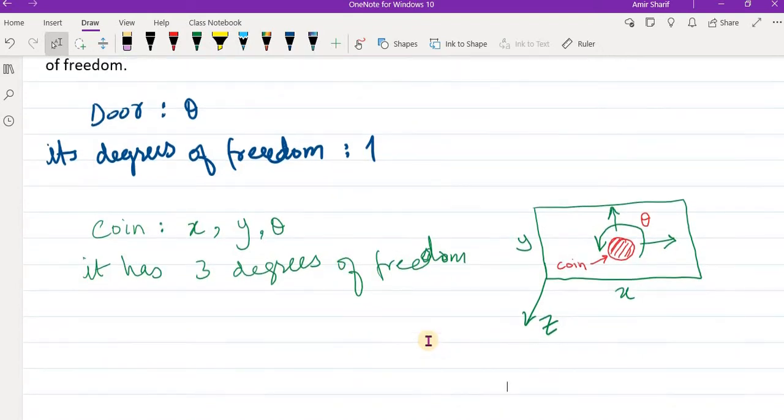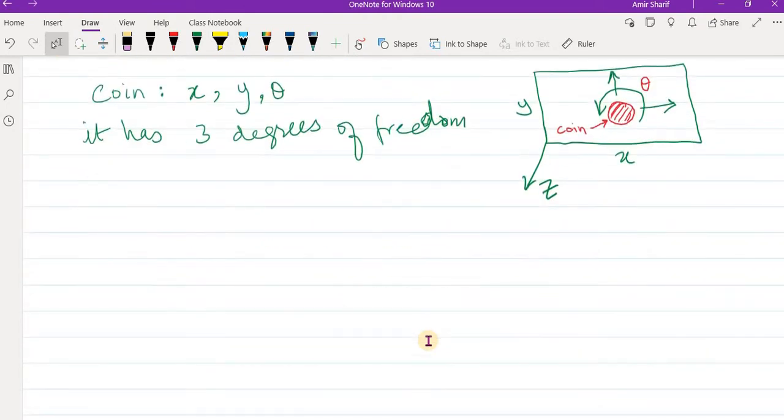And yeah, we can take one more example. For example, the point. A point in a 2D plane. So what will be its degrees of freedom? So let's draw it here.